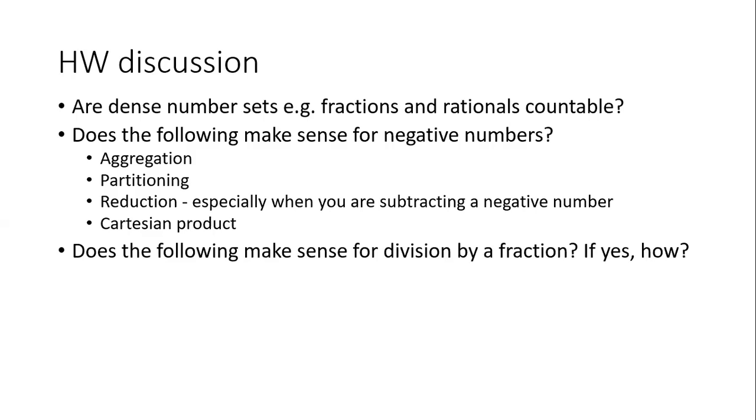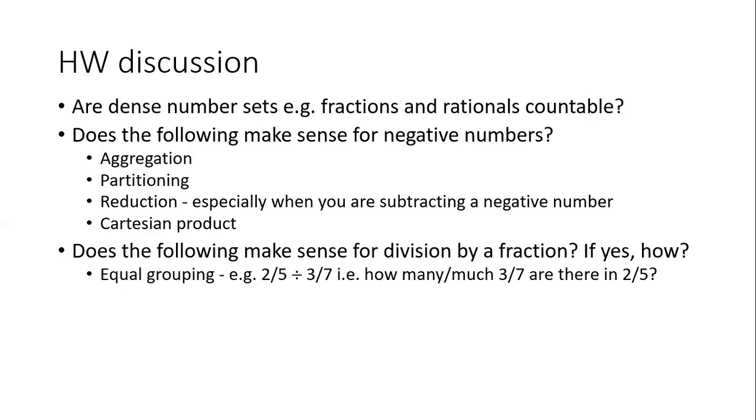Now, similarly, when you are dividing by a fraction and you talk about equal grouping, you have a fraction and you are dividing by another fraction. If you are talking about 12 divided by 3, in terms of equal grouping, it means how many groups of 3s can you make starting with 12?